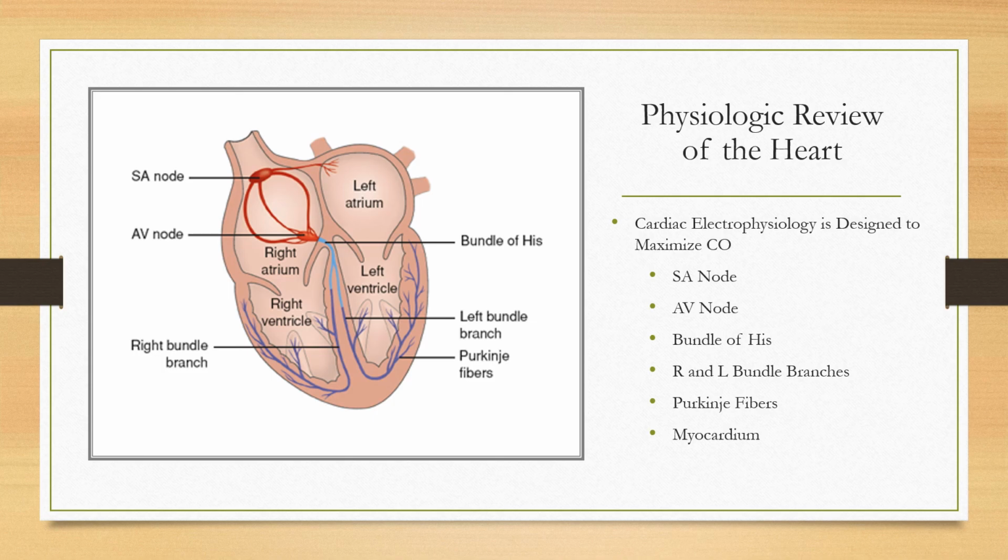Okay, so really understand the normal electrical pathway in the heart. SA node, and then over the atrium, AV node, and then down the bundle of His, and then the electricity branches into right and left bundles. Purkinje fibers are the tiny fibers in the myocardium.